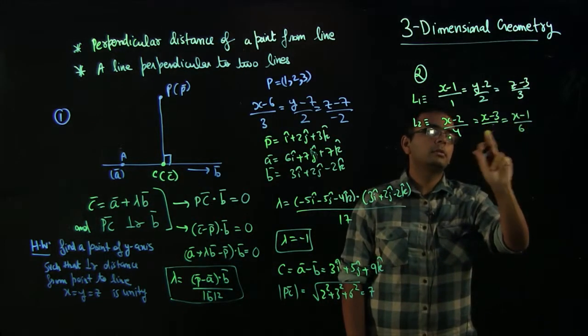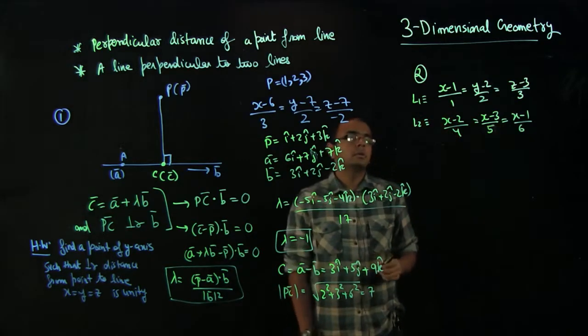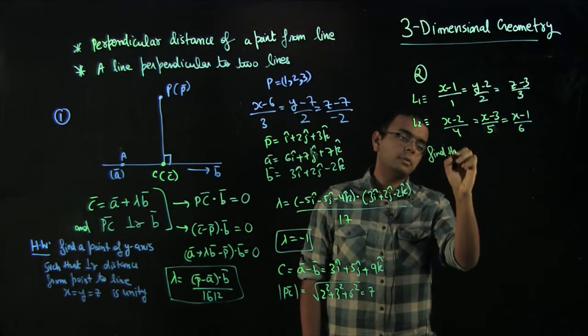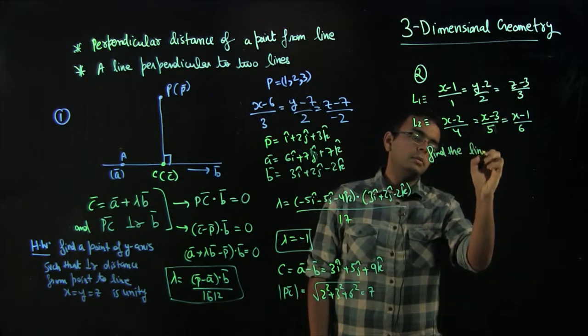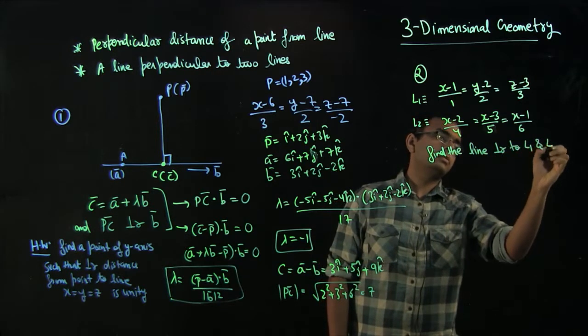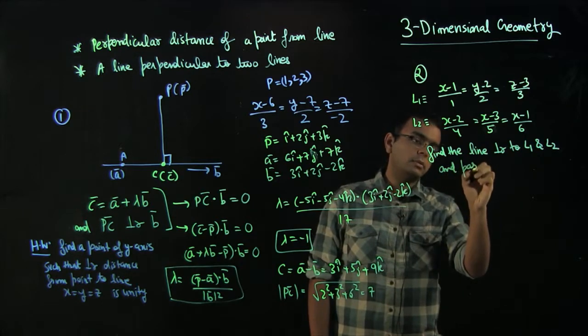Okay. The question says find the line perpendicular to L1 and L2 and passing through (1, 1, 1).